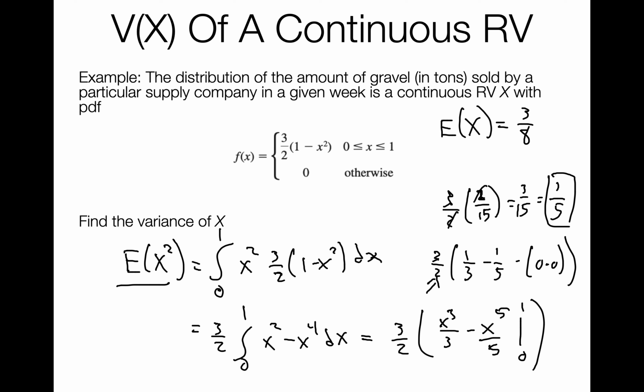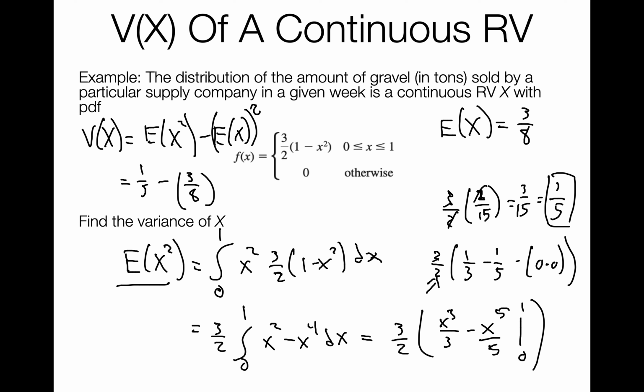So the variance by our little formula that is nice to use is the expected value of x squared minus the expected value of x, quantity squared. So it is a fifth minus 3/8 squared. I do not know what that is off the top of my head, but certainly plug that into a calculator and see what you get.